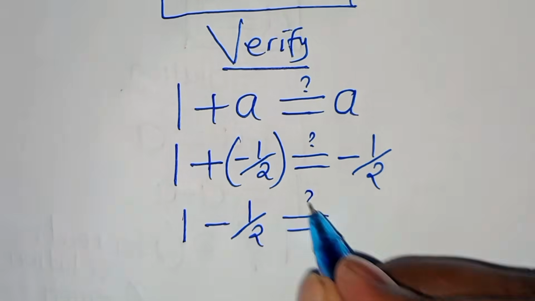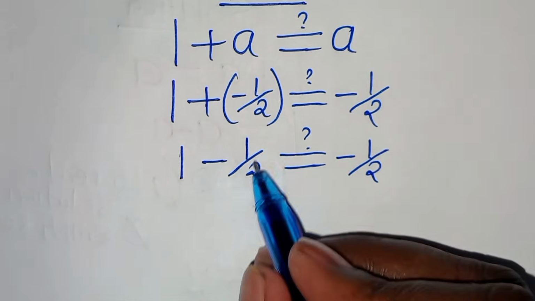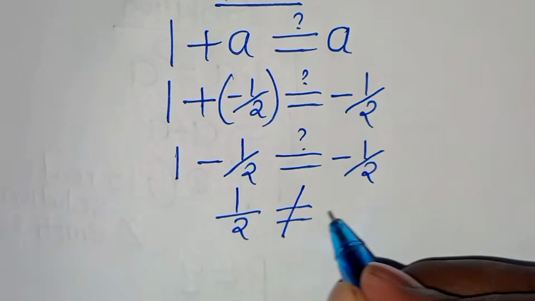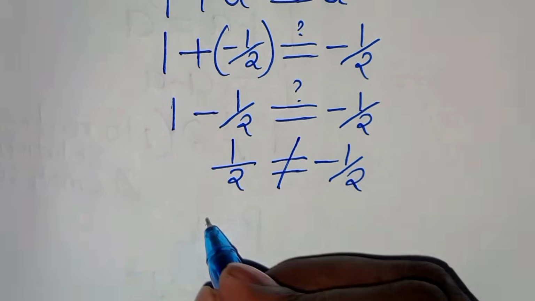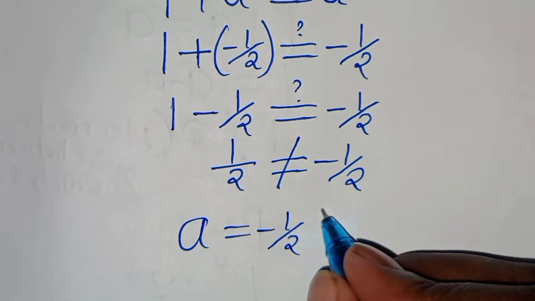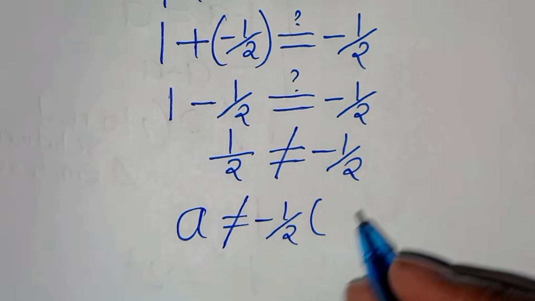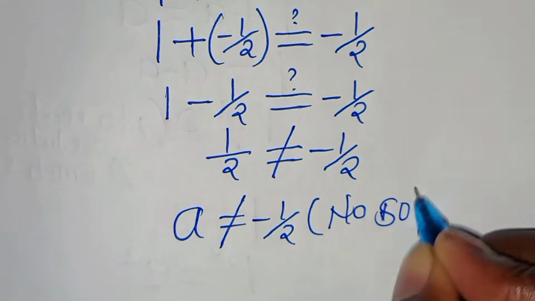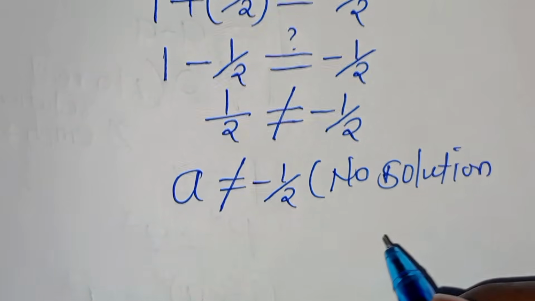This should give us a value of negative one half. So 1 minus one half is one half, and this is not equal to negative one half. So this means that a equal to negative one half is not a solution. So this indicates that there is no solution to this algebra problem.